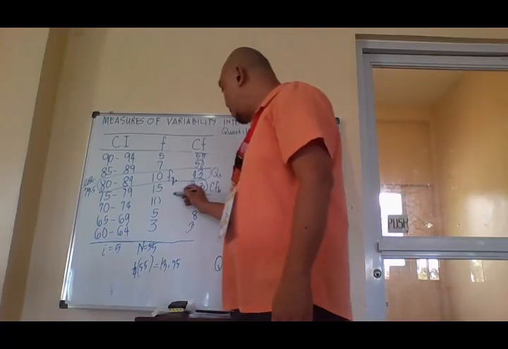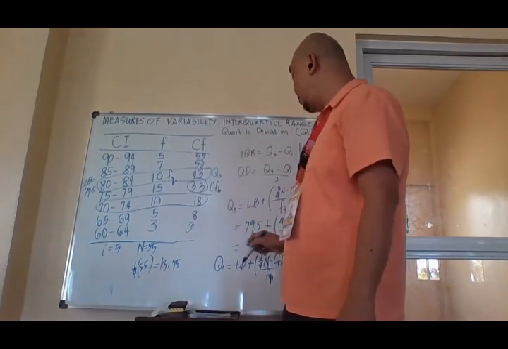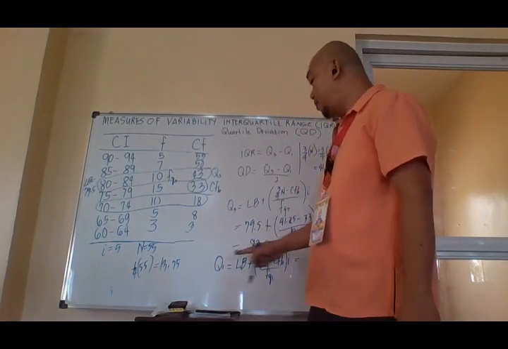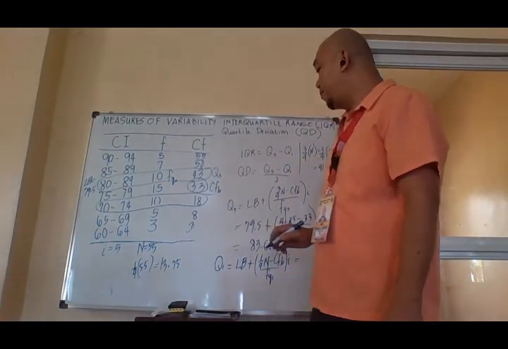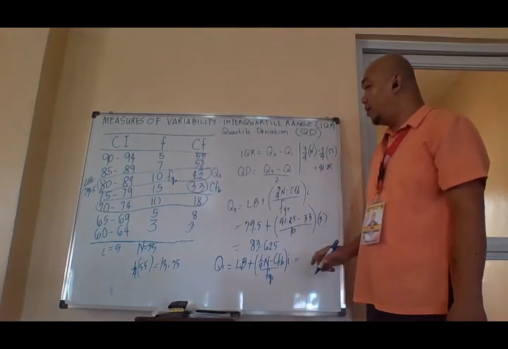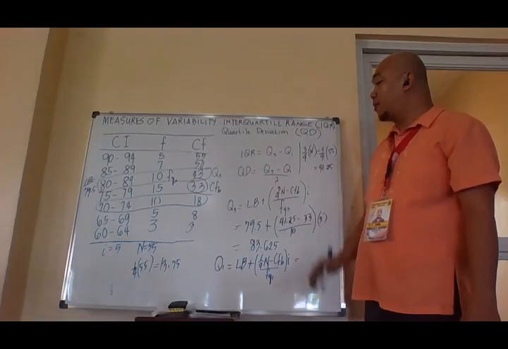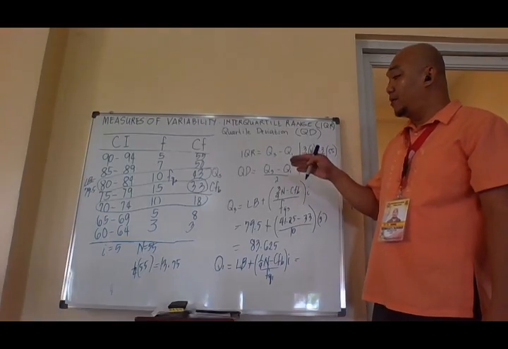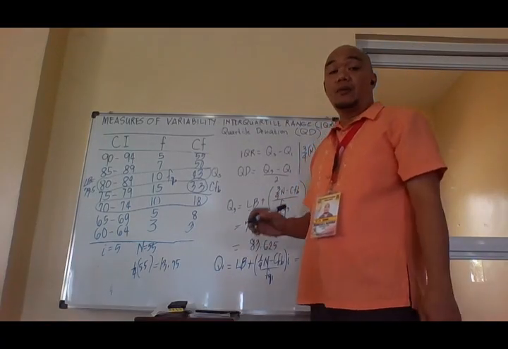So the correct location of 13.75 is at 70 to 74. This is also the position of the first quartile class.